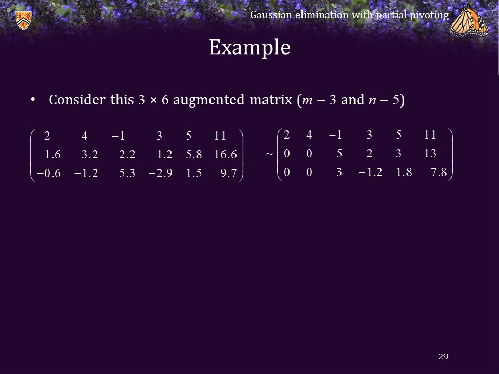Okay, now the maximum entry in absolute value is at index 2, 3, and now we will add negative 0.6 times row 2 onto row 3.